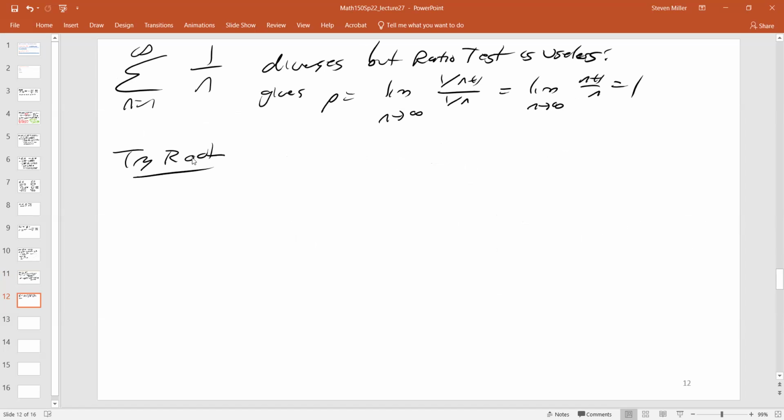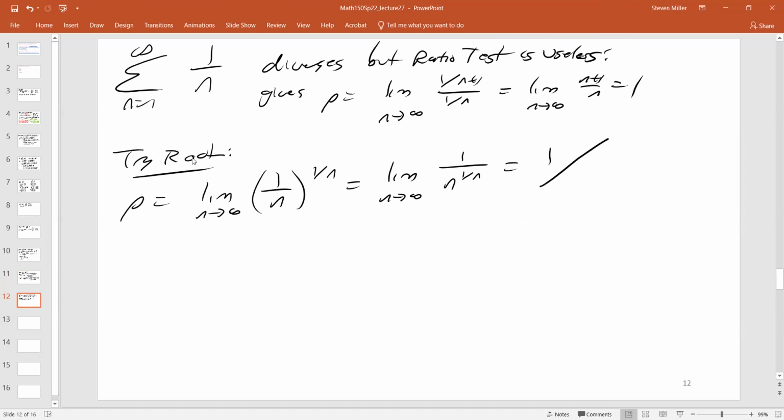All right, let's see what happens. So we would have rho is the limit as n goes to infinity of 1 over n to the 1 over n. So that's the limit as n goes to infinity of 1 over n to the 1 over n. So it's 1 divided by the limit as n goes to infinity of n to the 1 over n.